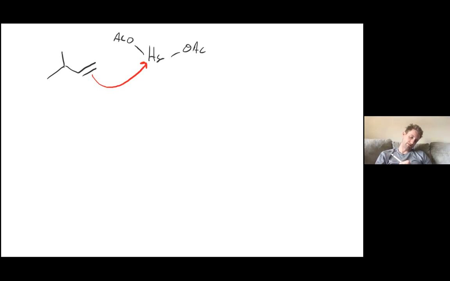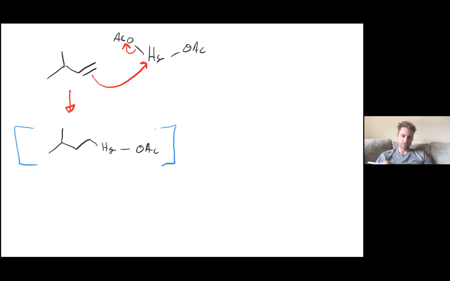It's going to kick out one of these OAcs. We are going to temporarily make a transition state with a carbocation. These brackets mean transition state.